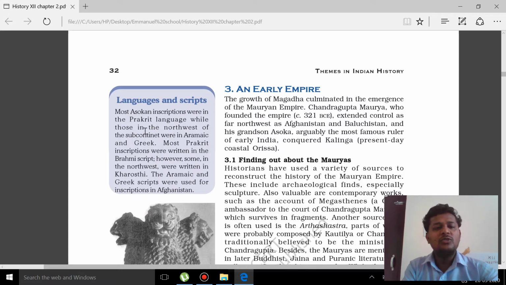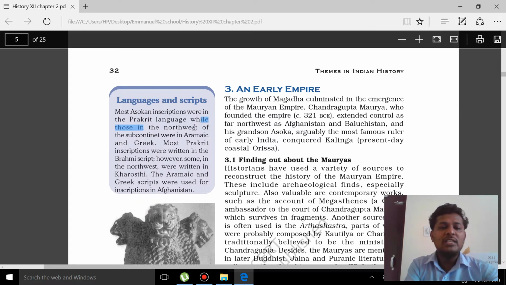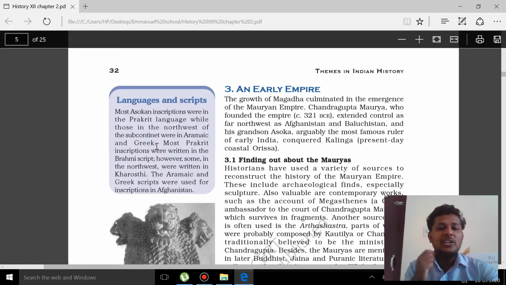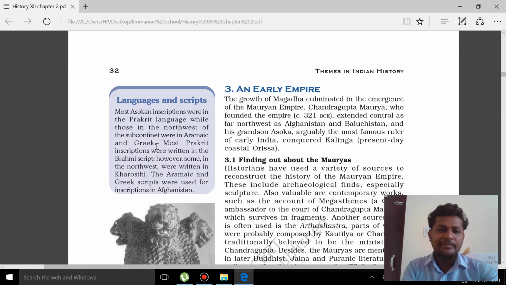Okay, in India, Ashoka's inscriptions were in the Prakrit language, while some of the inscriptions which are in the northwest part of the subcontinent, that is Afghanistan and Iran and Iraq side, the Ashokan inscriptions found in Afghanistan are in languages called Aramaic and Greek. These are the two languages which are used in the inscriptions of Ashoka found in the northwestern part.